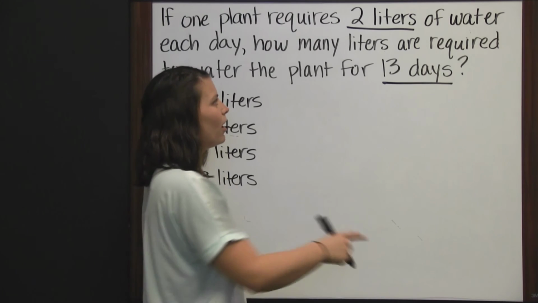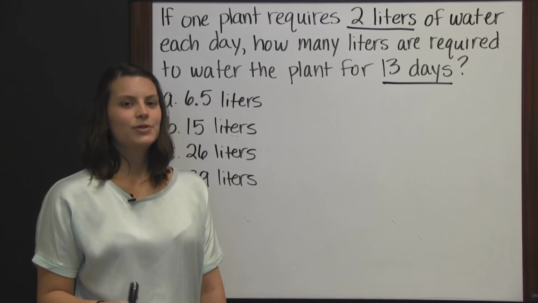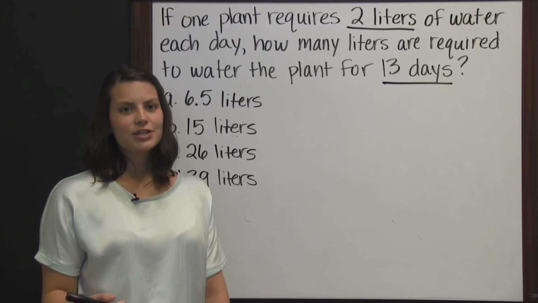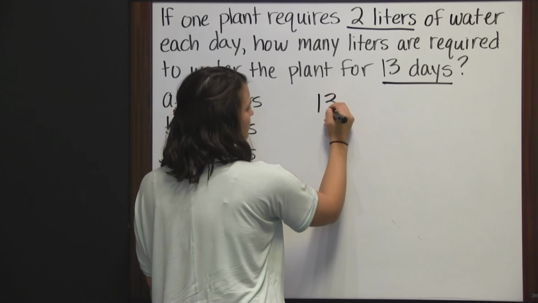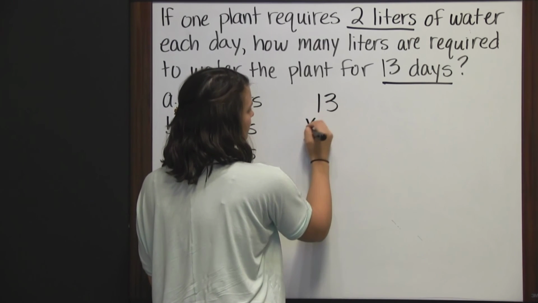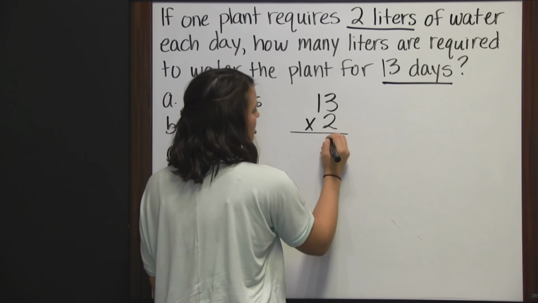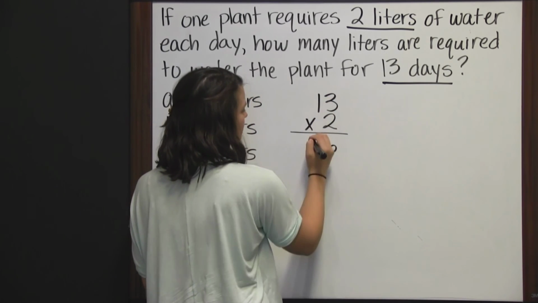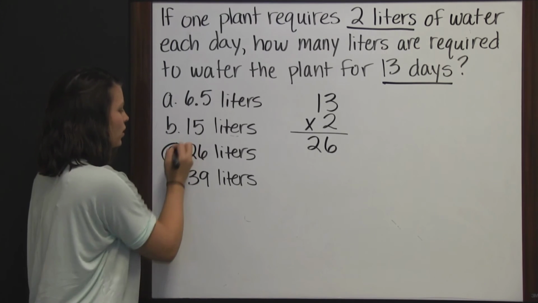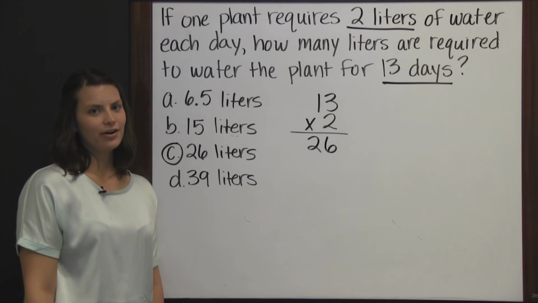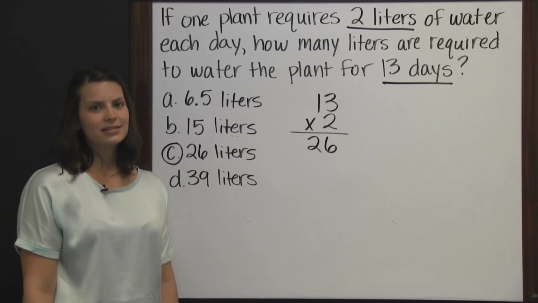And each time we water it, we're going to put 2 liters of water in it. So since we're going to water this plant 13 times, we're going to multiply 13 times 2. 2 times 3 is 6, and 2 times 1 is 2. So that means it'll take 26 liters of water for this plant to be watered for 13 days.